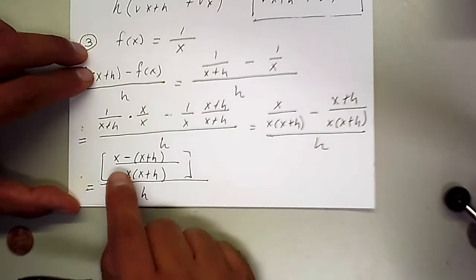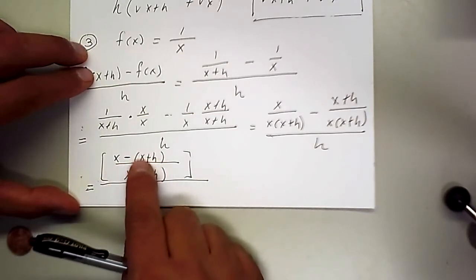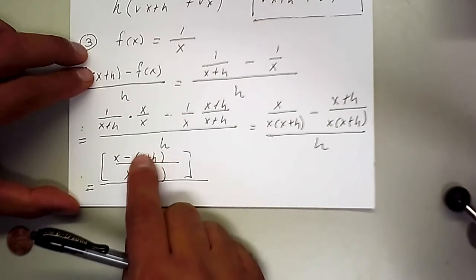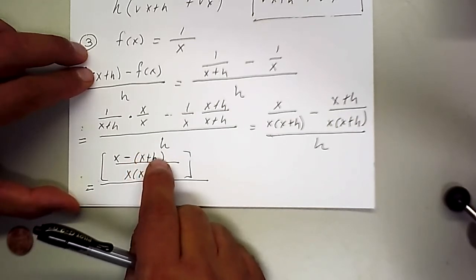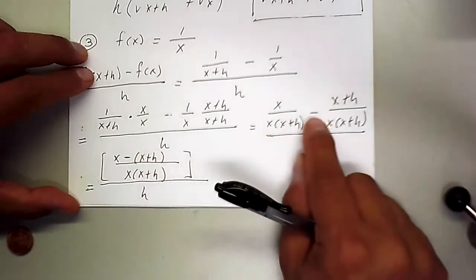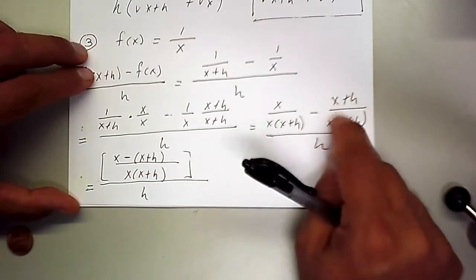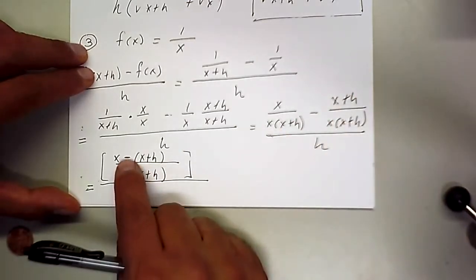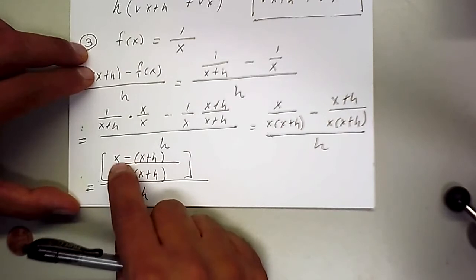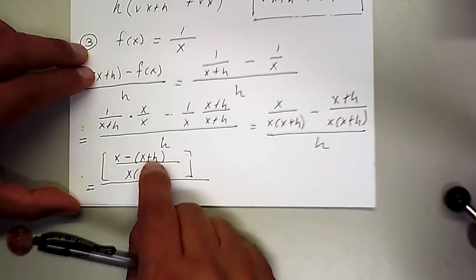All right, so something to notice here is that we are subtracting the entire pair, not just the x, but the entire pair, because this subtraction was about subtracting the entire fraction. So when we distribute this negative, yes, we're doing x minus x, and that's going to be 0, but also the negative is going to be affecting the h.